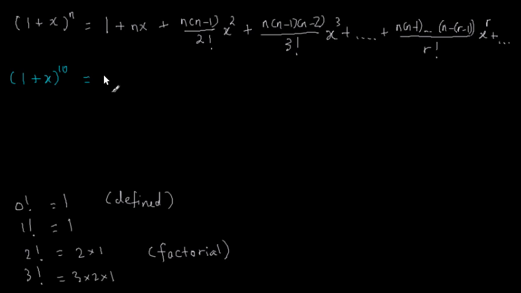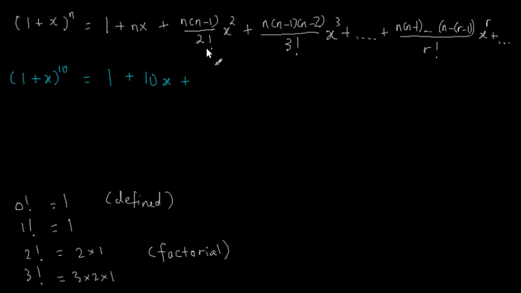So if I want to write out the first 3 terms, the first term is always 1, that's simple. The next term is nx, and in this case n is the power, which is 10. So nx is 10x.